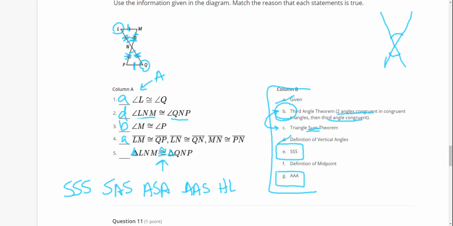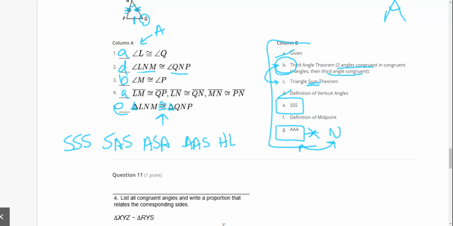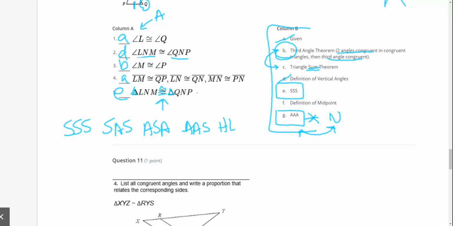So what should go for number 5? E, absolutely. One thing you need to remember is angle, angle is only for similar. Angle, angle only works for similar. It does not work for congruent. Okay. So this is kind of all a review from what we did last week.